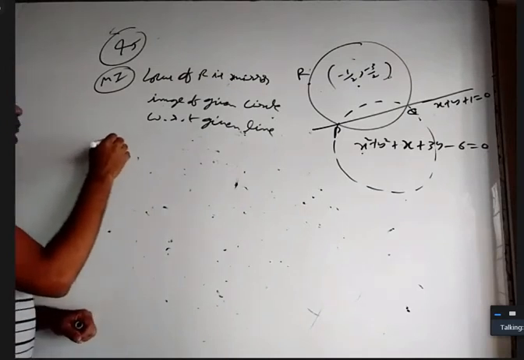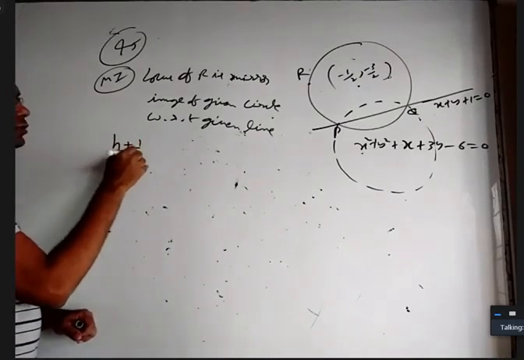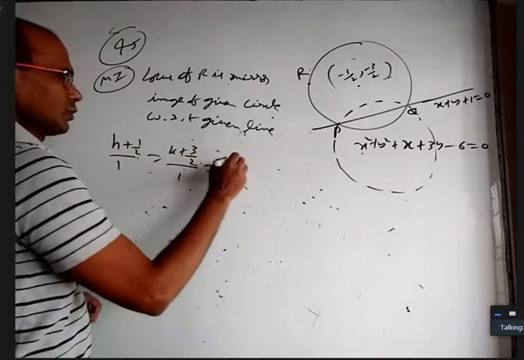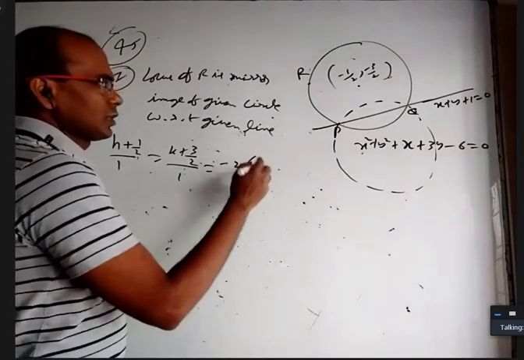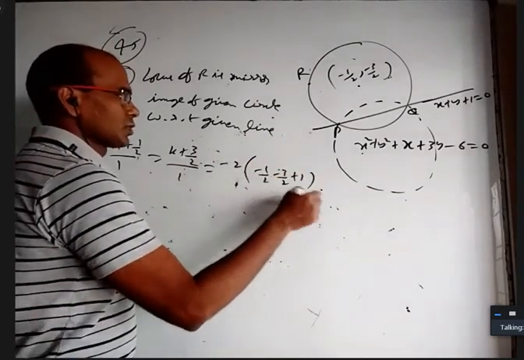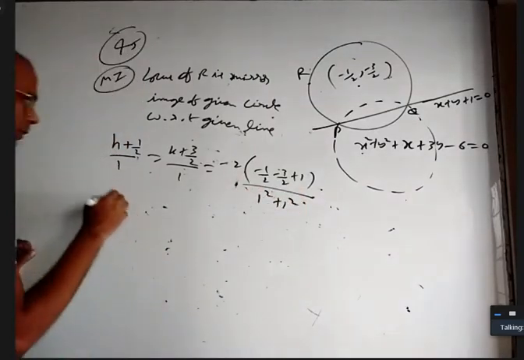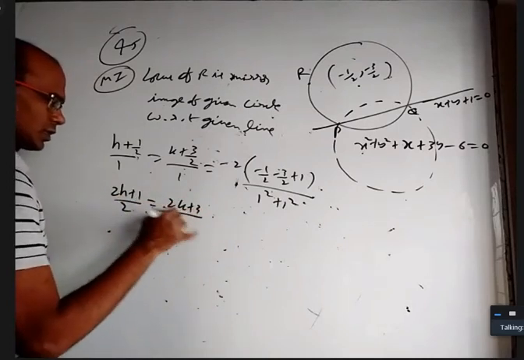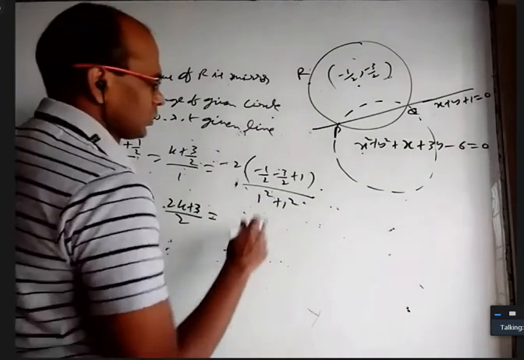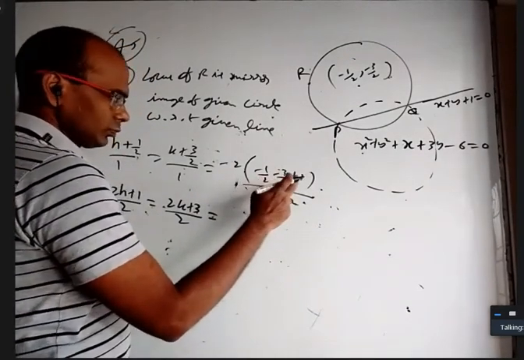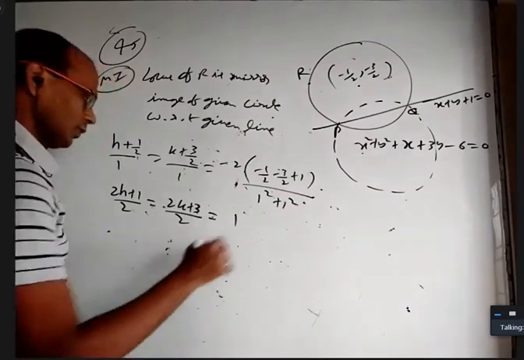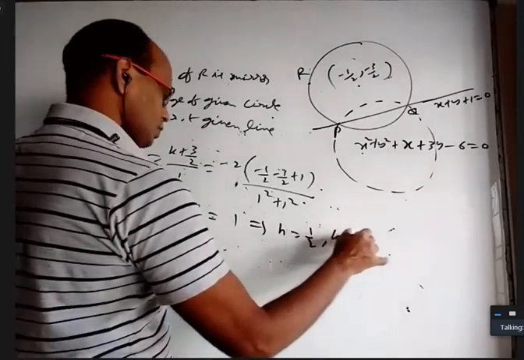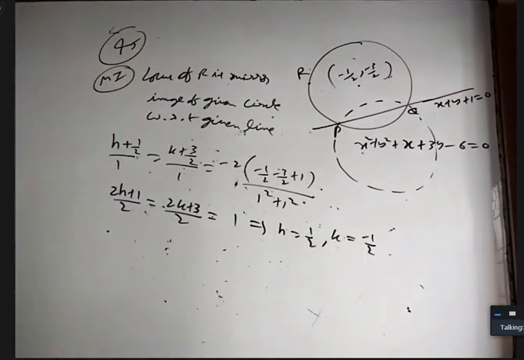So for the new center (h, k): (h plus 1 by 2) by 1 equals (k plus 3 by 2) by 1 equals minus 2 times (minus 1 by 2, minus 3 by 2, plus 1) by 1 square plus 1 square. So h will be 1 by 2, and k is equal to minus 1.